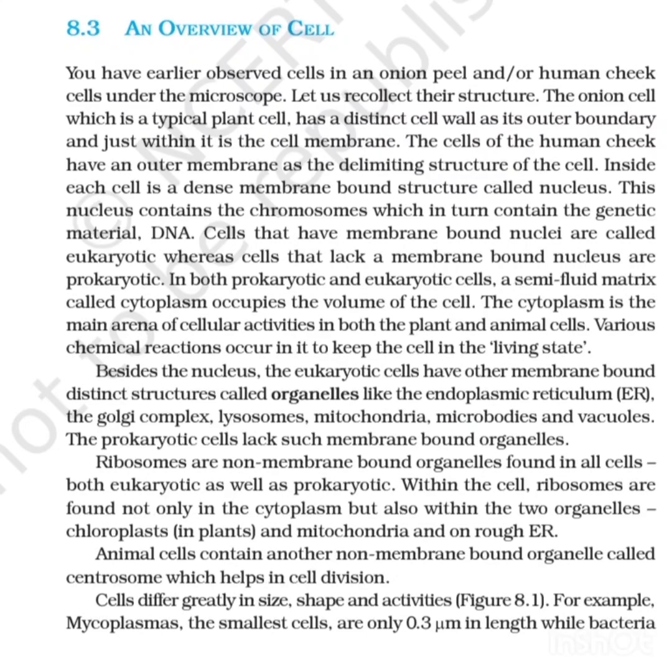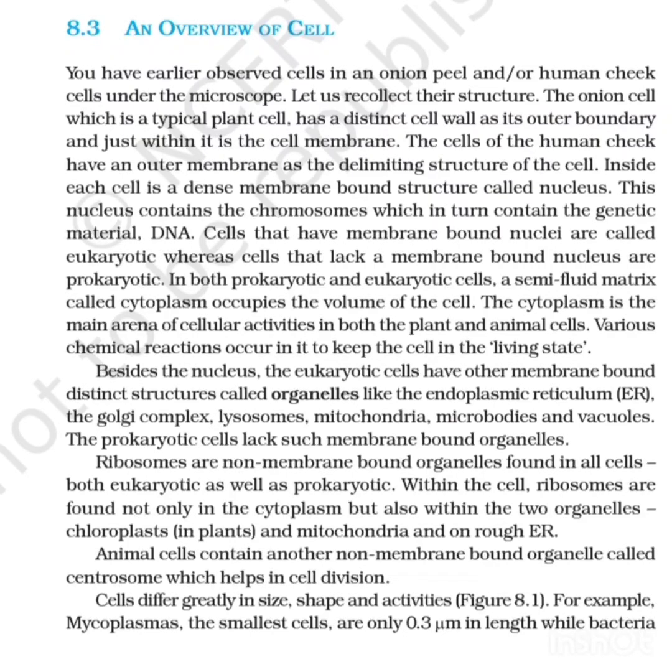Without a nucleus, the cell is not alive. The nucleus contains chromosomes, which in turn contain the genetic material known as DNA. Membrane-bounded nuclei are known as eukaryotic, meaning true nucleus. Lack of membrane-bounded nuclei is called prokaryotic, meaning false nucleus.